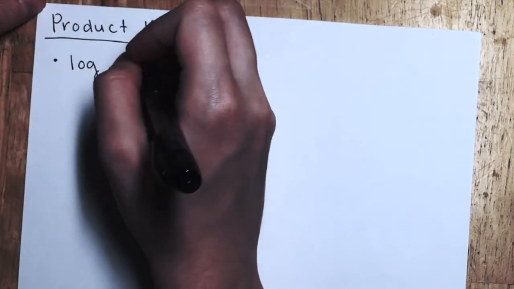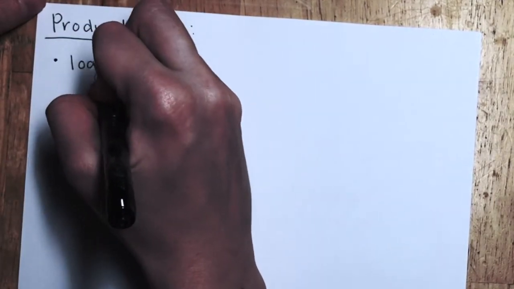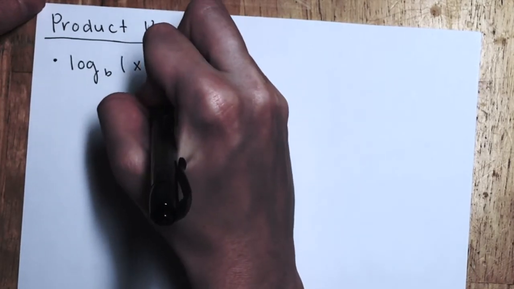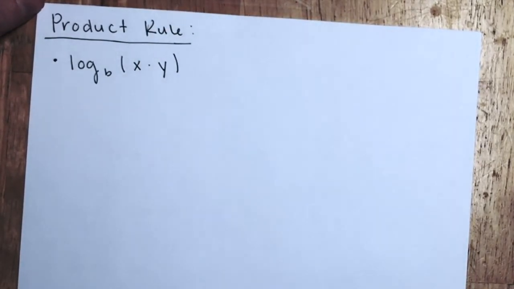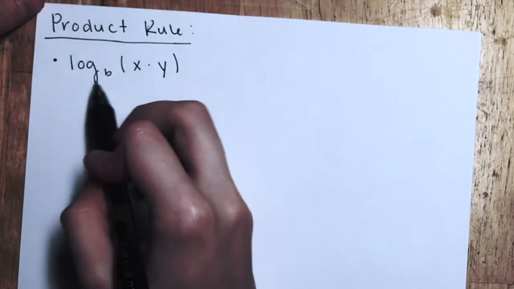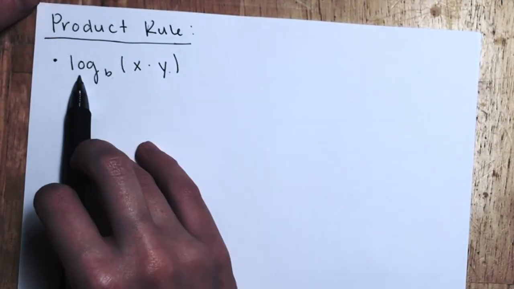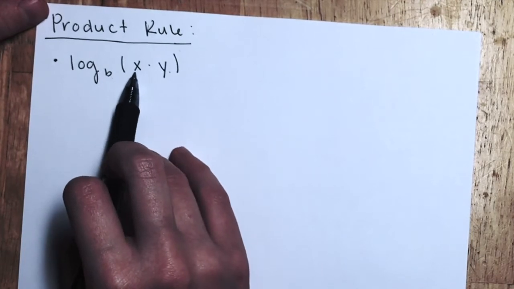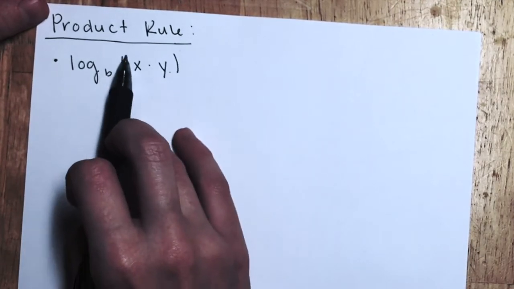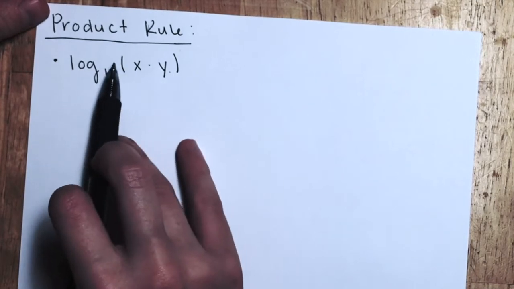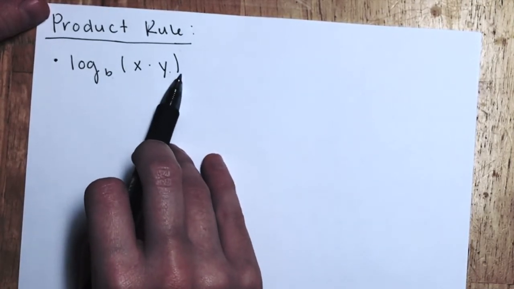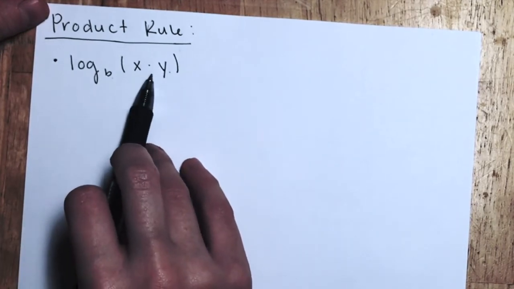Product rule says that if I have log base b for some base of x times y on the inside of the logarithm, remember, logarithm is a function. So just like we would say f of x, with the parentheses, we are going to say log base b of x times y.